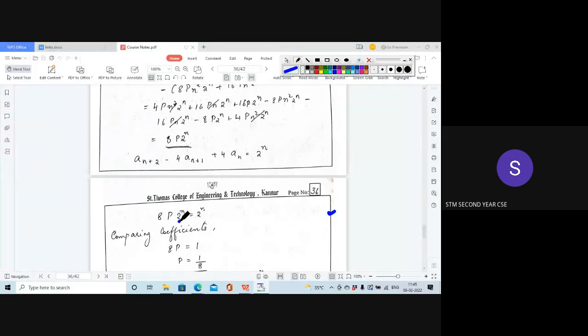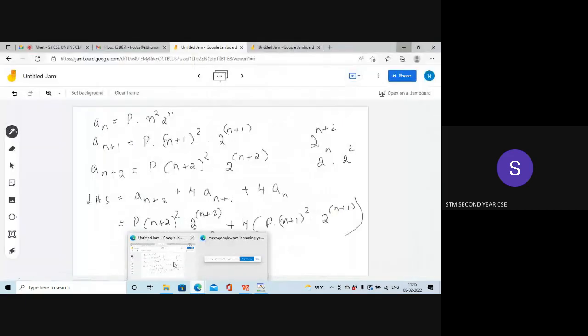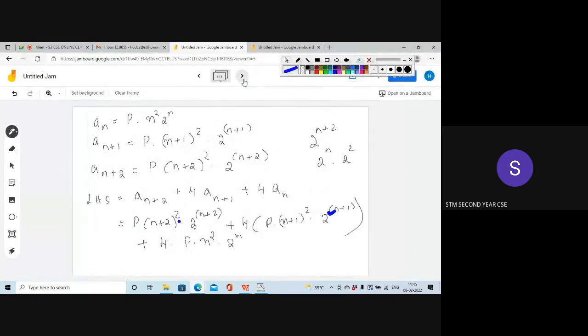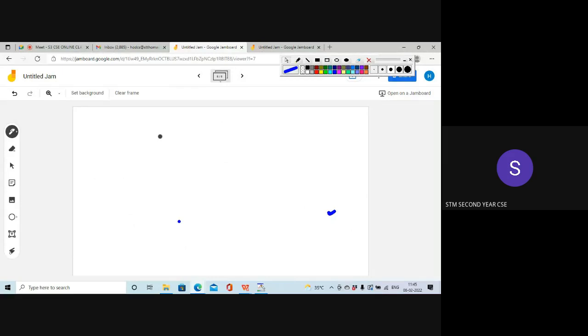So now we can equate the coefficients together. On LHS we have 8 into p into 2 raised to n, and our RHS given in the question is 2 raised to n. Now comparing coefficients, what will you get?